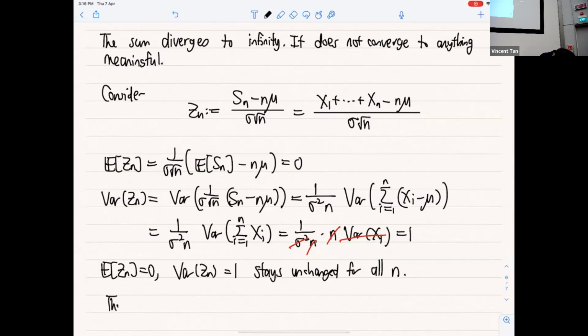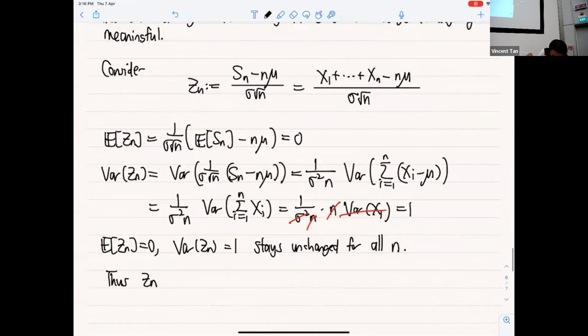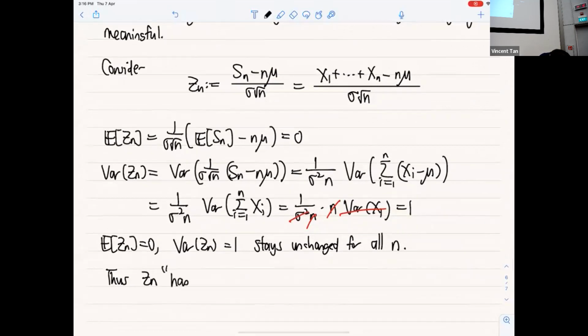Thus, this sequence of random variables Zn, a sequence because the n will increase. Basically, I take away the mean and I divide by square root n. Thus, Zn has, let me just put in quotation marks, hope of converging to something meaningful.